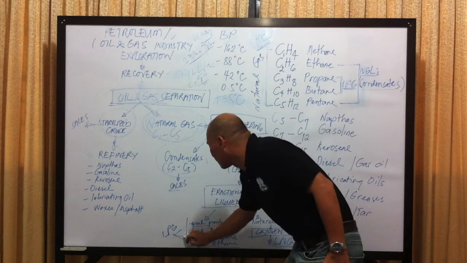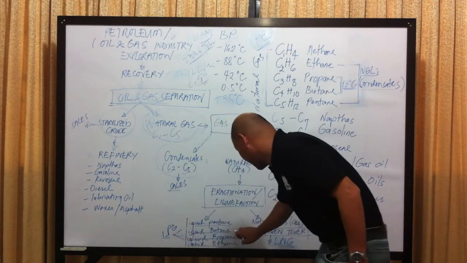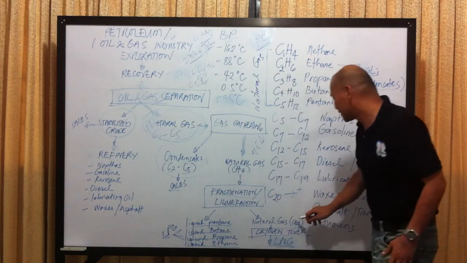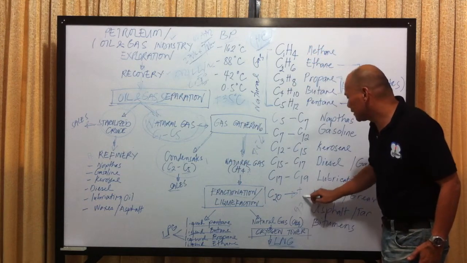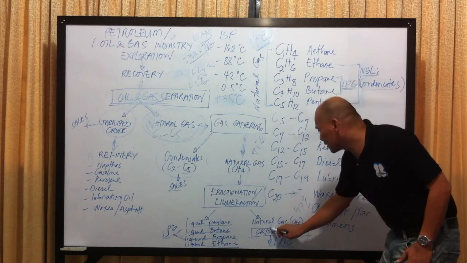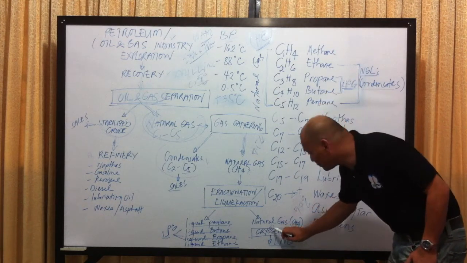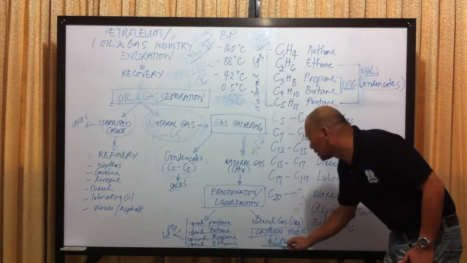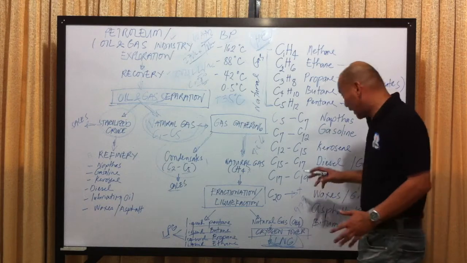Then we have our LPG, with butane and propane. The remaining natural gas, which is around 97% methane, goes into the cryogenic tower, and there we have our LNG, the major product, liquefied natural gas.